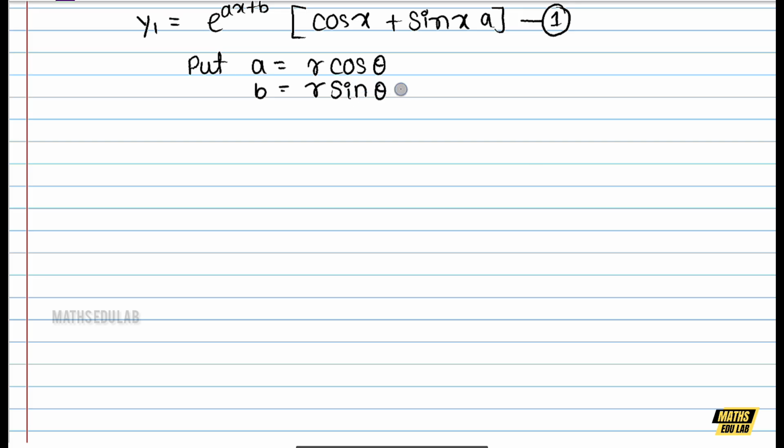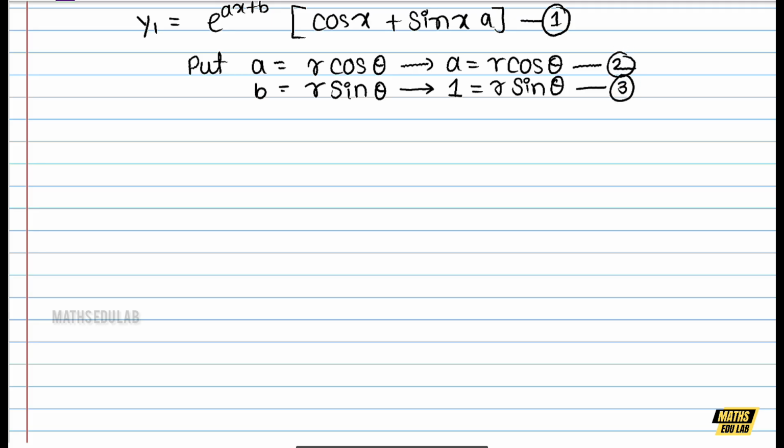Here we don't have a b value, so I am writing 1 equals r sin theta. And for this equation I am writing as it is, that means a equals r cos theta. So this will be our second equation, and this is our third equation. So these are the two equations.